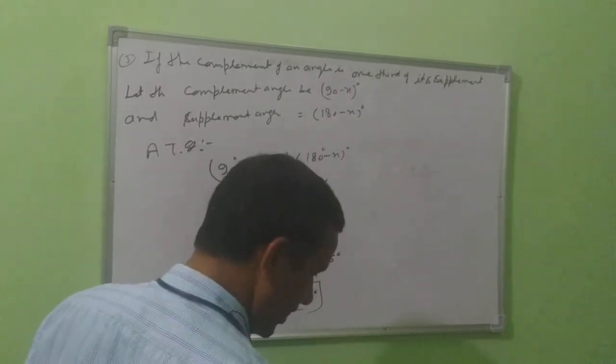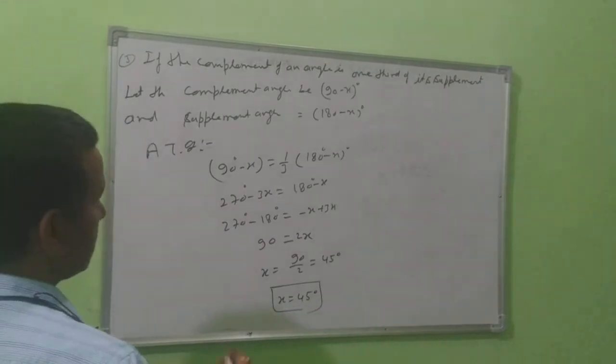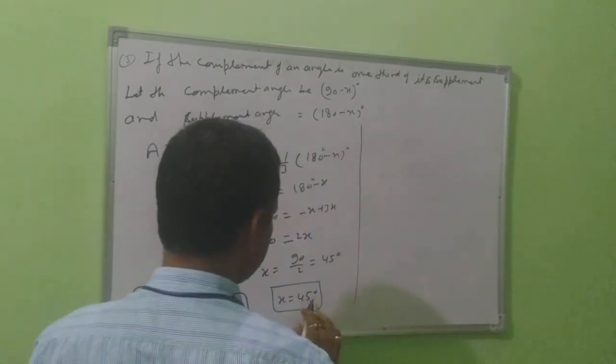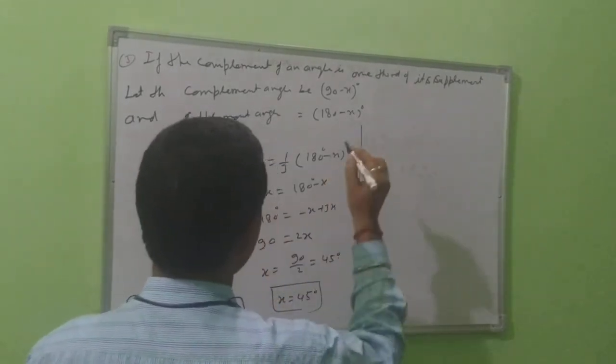So what do you find here? Find the angle. Now the value of x equals 45 degrees. So what is the complement angle?